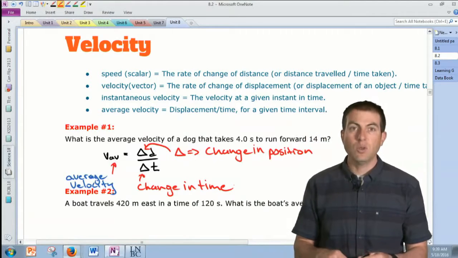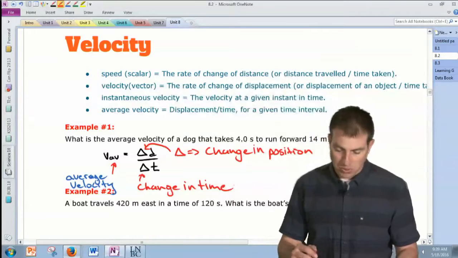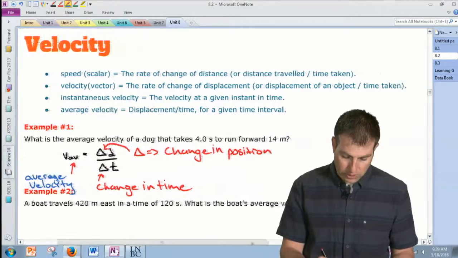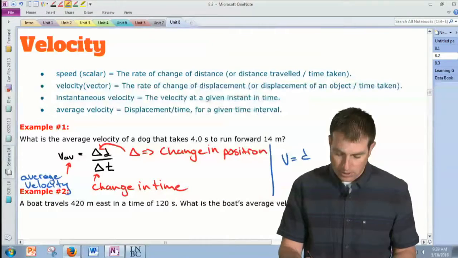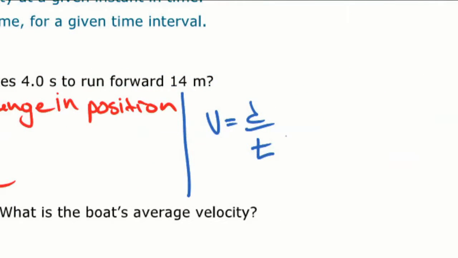So if you want to make your life a little bit easier, and I don't have a problem with you doing this, you can deal with this question like this. Instead of doing this v average, just think about it as velocity is distance over time. Lose the subscript AV, lose the change, the triangle in front of the D, lose the change in front of the T, just velocity is distance over time. That's fine. You're going to end up at the same spot.